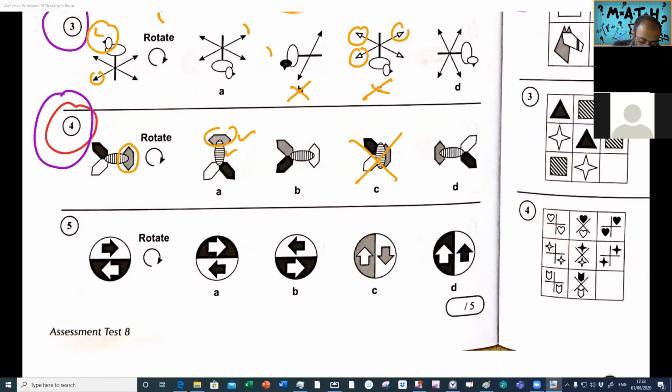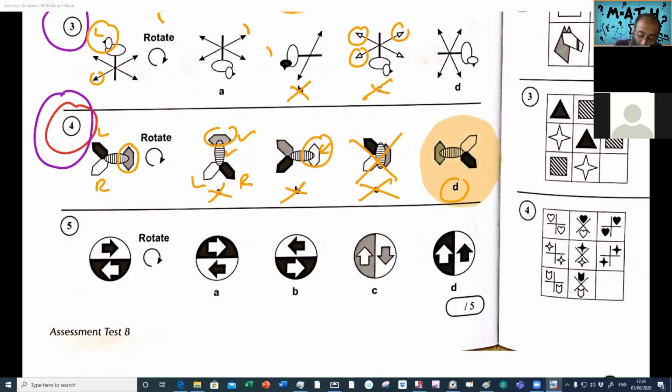It should then be white on the right-hand side and black on the left-hand side. But here we've got the white on the left, so A is definitely wrong. And this is definitely wrong because it's got the wrong color on there. That should be gray. So wrong, wrong, wrong. So it has to be D. We've eliminated all the wrong ones.